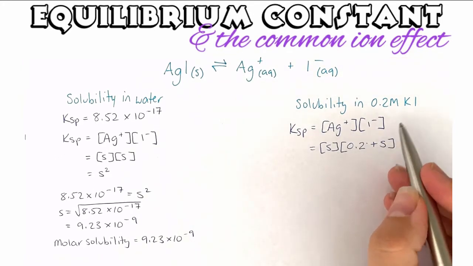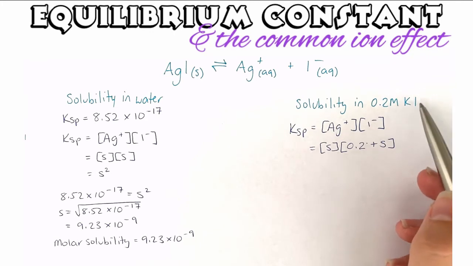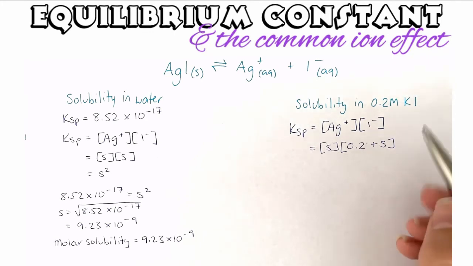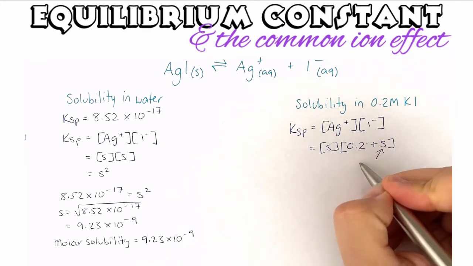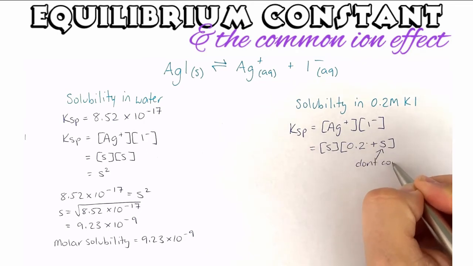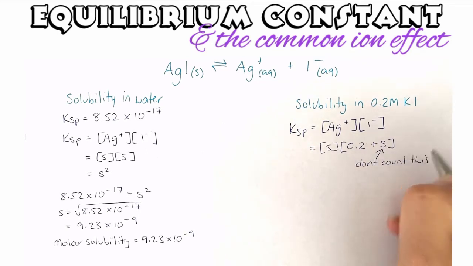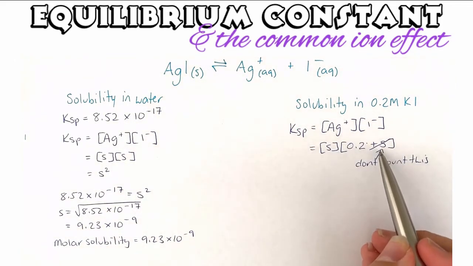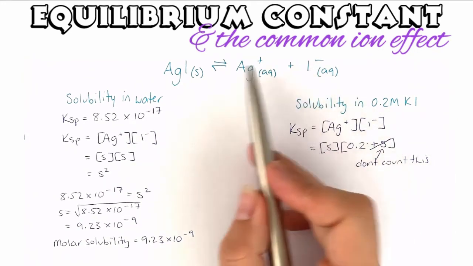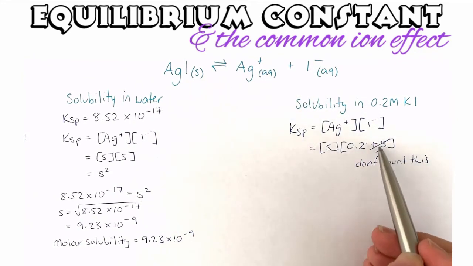Now, because it already has the iodide ions in there, we actually don't count this. So we actually remove it from this expression for our calculations. The reason for that is the amount of the iodide ions from our silver iodide that are going to dissolve into solution are so minimal, we do not even count them.